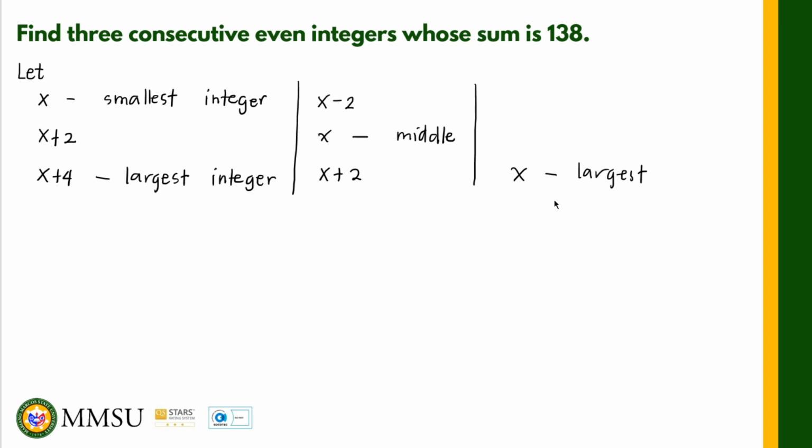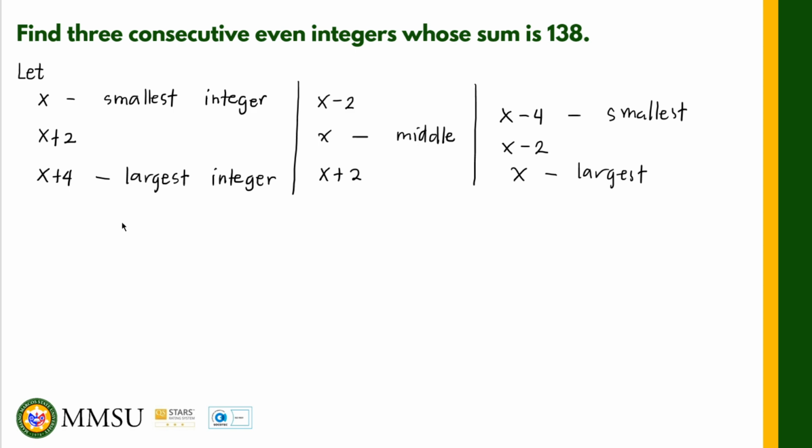If x is the largest, then x minus 2 is the middle and x minus 4 is the smallest. Whichever notation you want to use among these three, you should arrive at the same conclusion later on. So let us use our first notation: x is the smallest integer, x plus 2 for the middle, and x plus 4 for the largest integer.